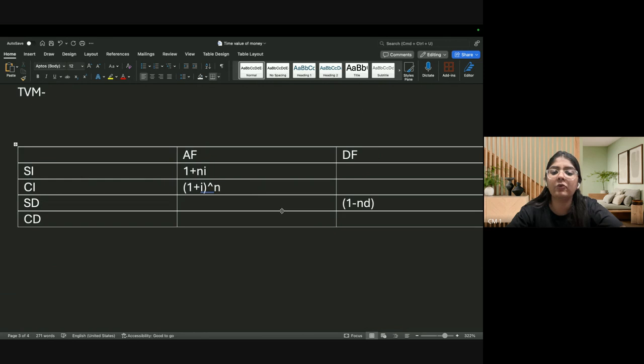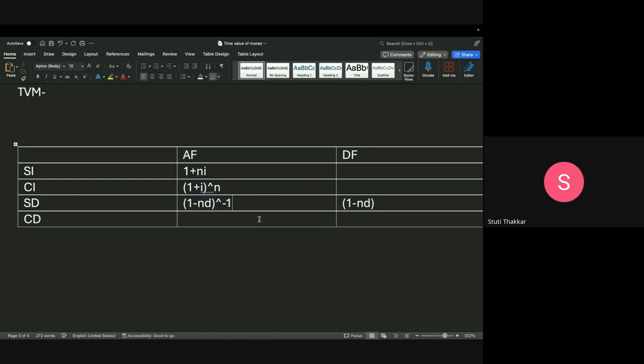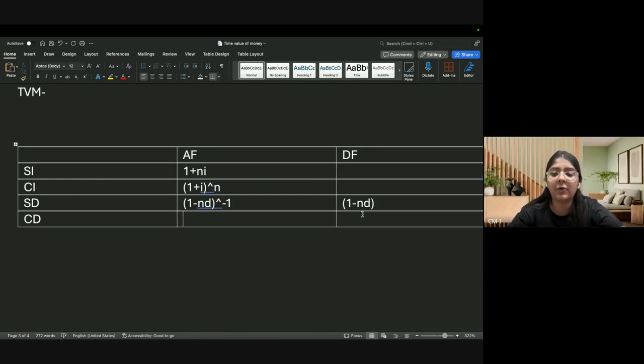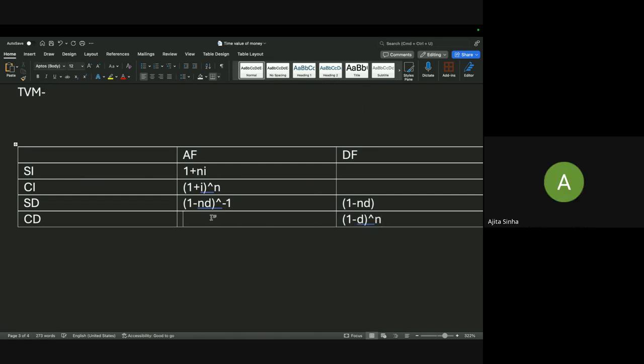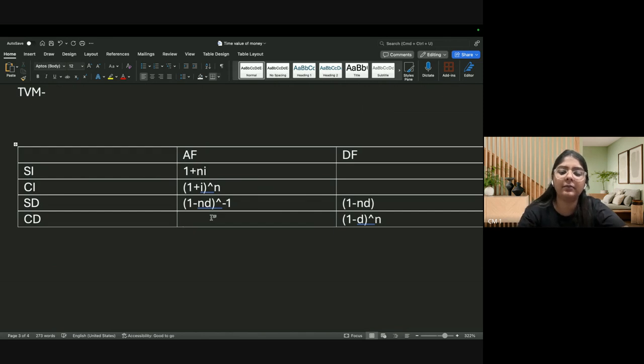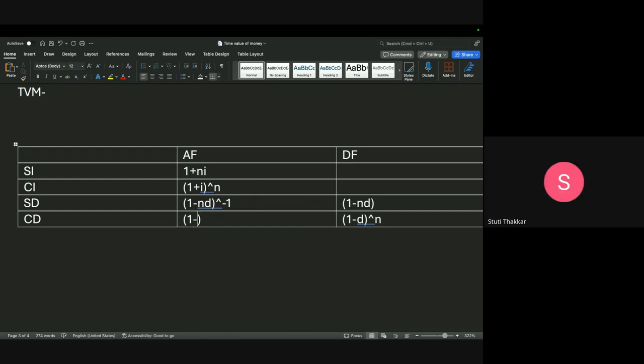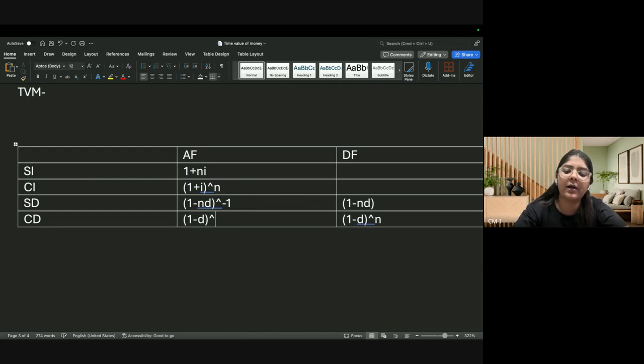The discount. So when you want to write the accumulation factor, we had discussed that it will simply be this raised to the power minus 1, which means this will be in the denominator. Compound discount discounting factor will be 1 minus d raised to the power n. And here what will we write? 1 minus d raised to the power minus n.